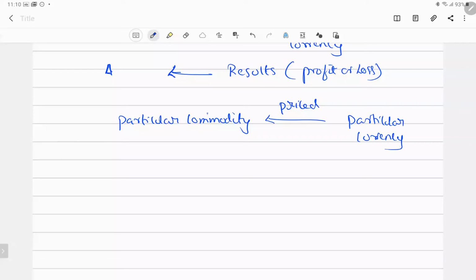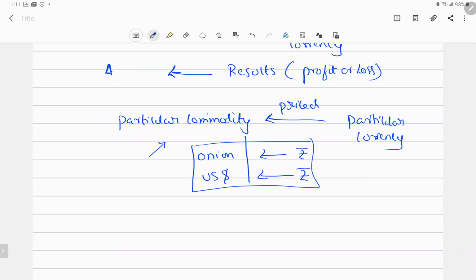Here there is often a confusion, because there are two currencies involved: one is the commodity, the other is the currency. As I said in the earlier example, the particular commodity is nothing but another currency where we want to price the currency. Suppose you have a product called onion, right? You're pricing the onion in terms of rupee. The same way, suppose you have the US dollar. The US dollar will be your commodity currency, which is valued in terms of rupee. So you should have this interpretation already in your mind, right?